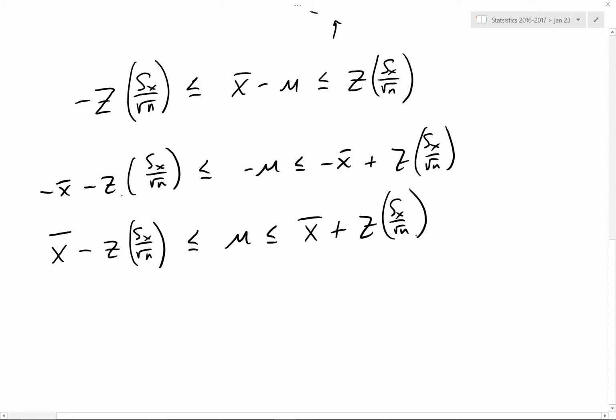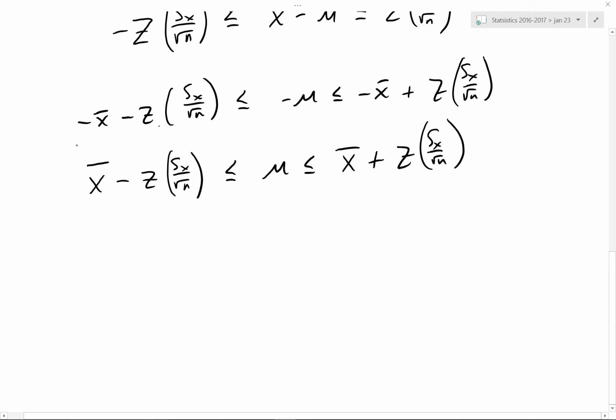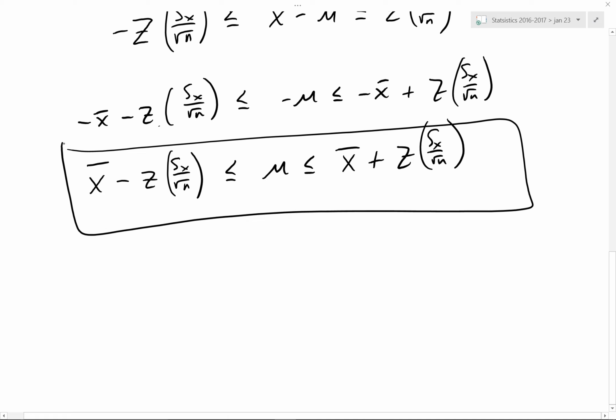Anyway, suffice it to say, this thing right here is where it's all about. That's the bottom line. I prefer to write it thusly, however. Okay? Because what is the difference between the two sides? Either you're adding an amount or you're subtracting it, yes?